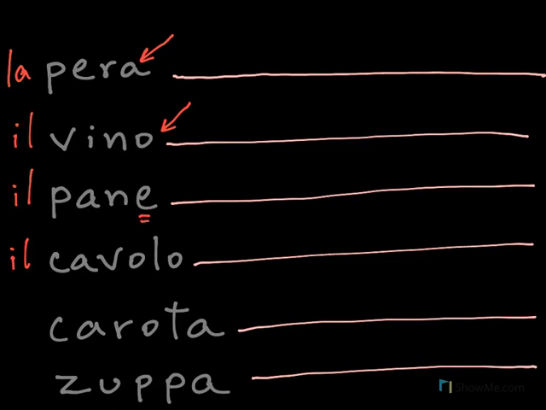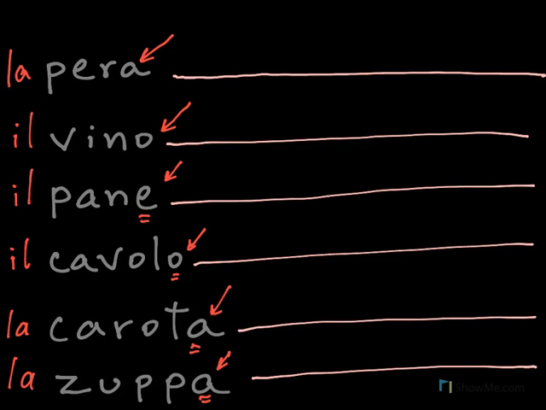Il cavolo, again it is the masculine, you assign masculine, and o, most of the time it is the masculine ending. La carota, you see that a most of the time is feminine, you figured out that it was la carota. La zuppa, again ends on a, so most likely it will be feminine.